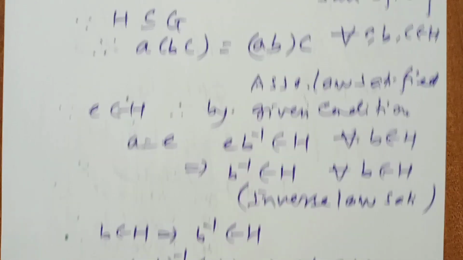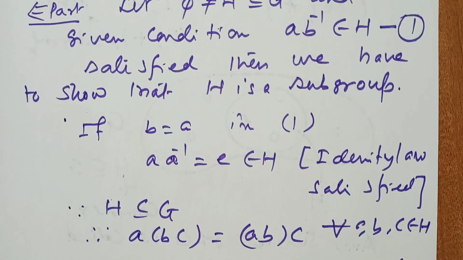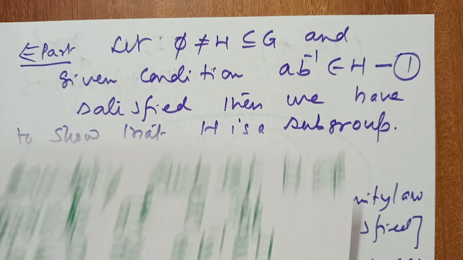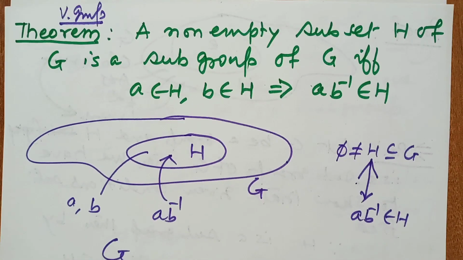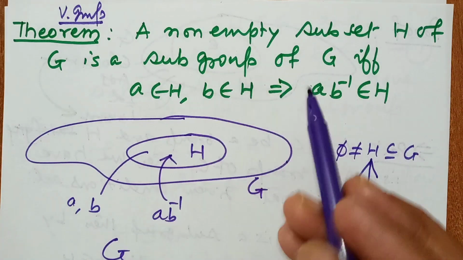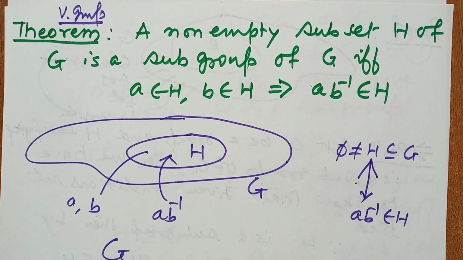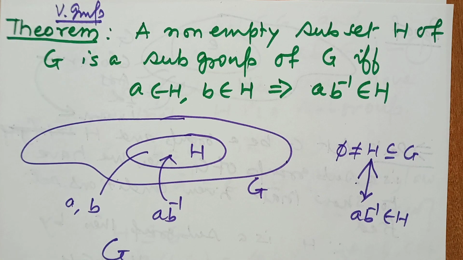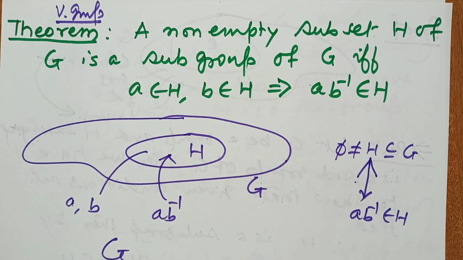So I am going to explain this theorem again because it is a very important theorem. What is the theorem? The theorem is that a non-empty subset H of a group G is a subgroup if it satisfies only one condition. So the first part: let G be a group and H a subgroup of G, then we need to show this condition is satisfied.